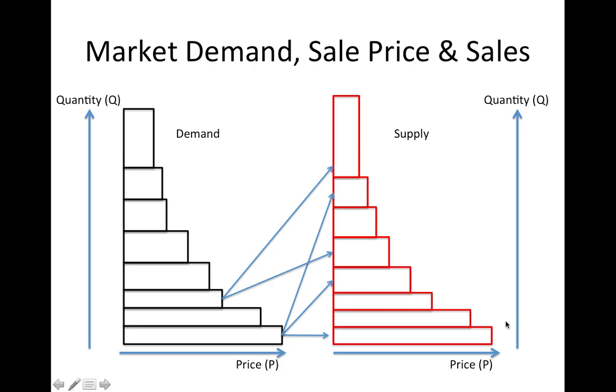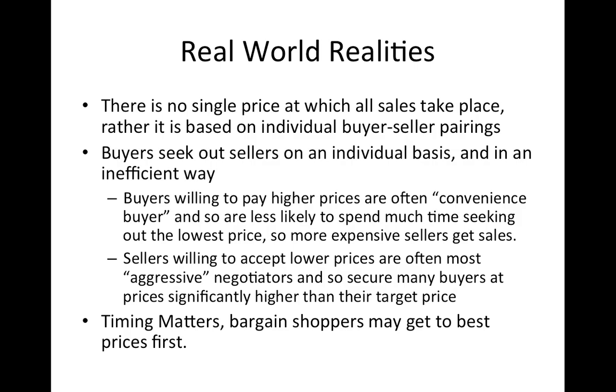An important implication of that is that not only is there no single price, but every seller has the possibility, as long as there is a buyer that's willing to pay more than their minimum selling price, of making a sale.